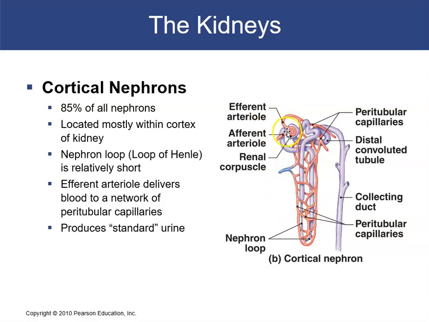The efferent arteriole, the one that leaves the glomerulus, comes around, branches, and becomes what is called the peritubular capillaries. These wrap themselves around all of the tubular portion of the nephron. Now, we were talking about how glucose has to be taken back and water has to be taken back.